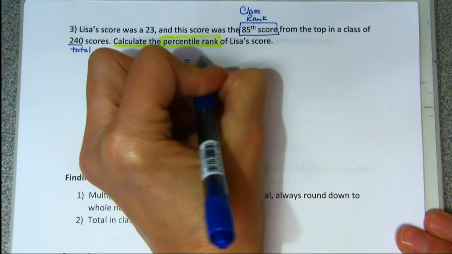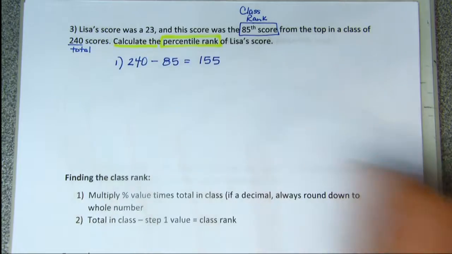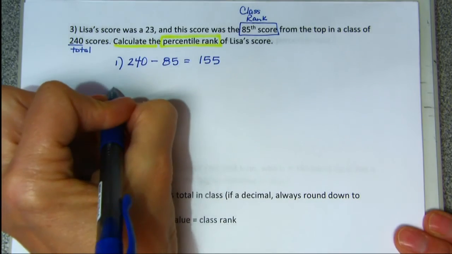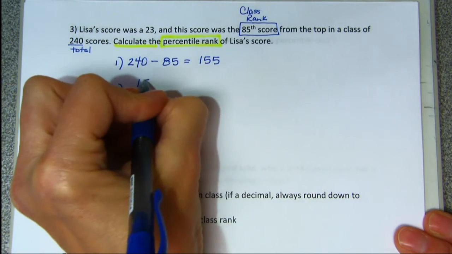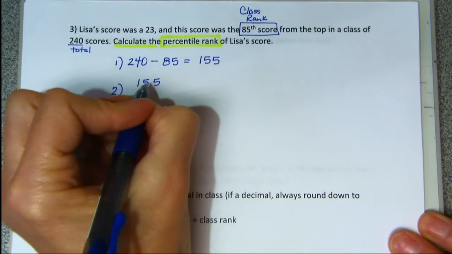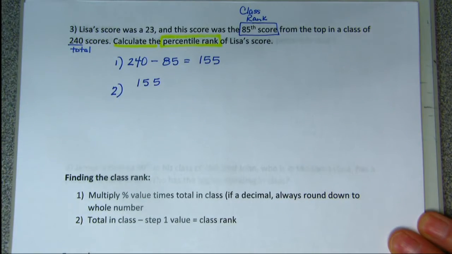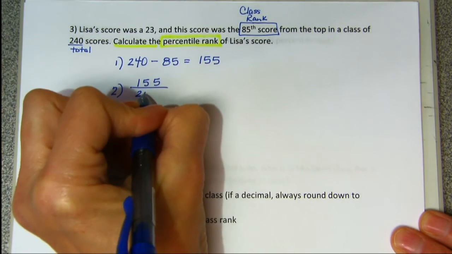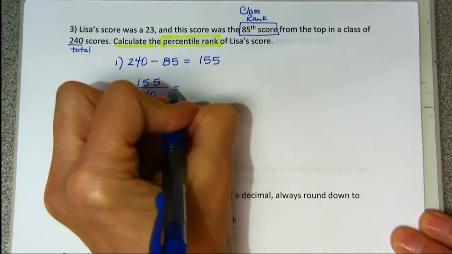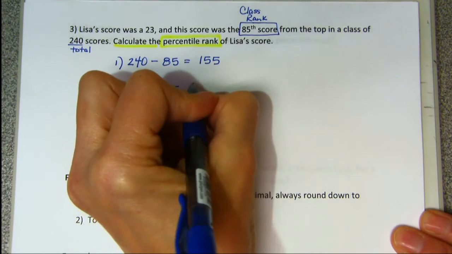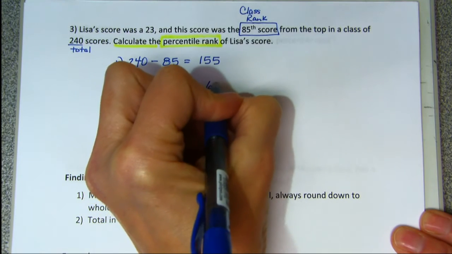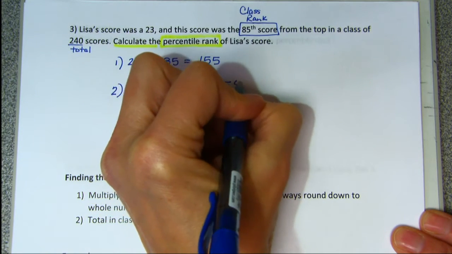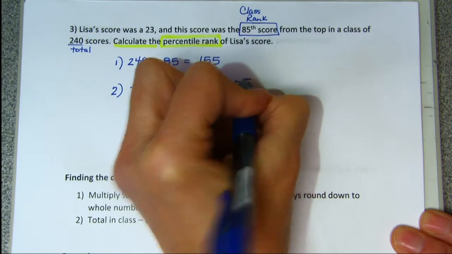So it tells me there were 155 scores below hers. So I then take that number and I am going to divide by the total, which is 240, and on your calculator you get 0.64583 repeating.